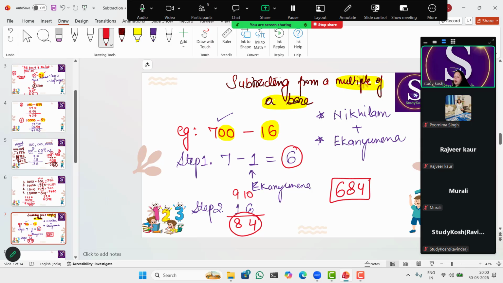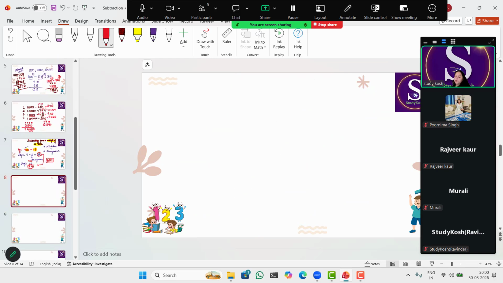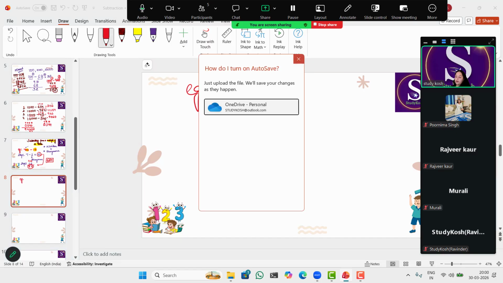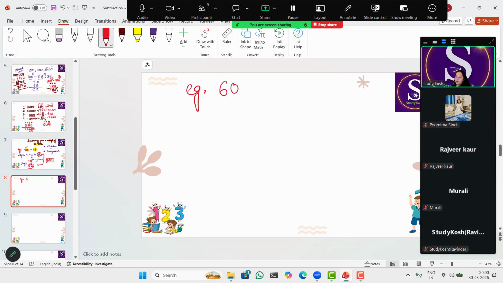So all from 9, last from 10. So here it is 3, 4, and 6. We'll club these two. 5, 3, 4, 6 is the final result. So there is no need of taking carry or anything. We just need to apply the sutra and we'll get the answer directly. Okay.